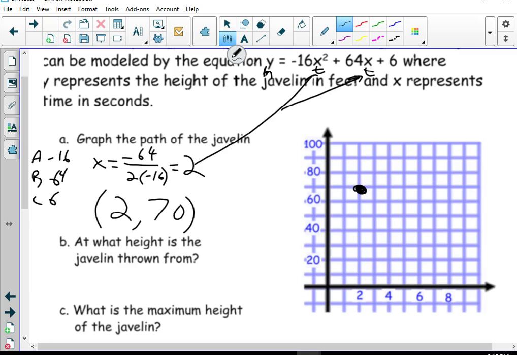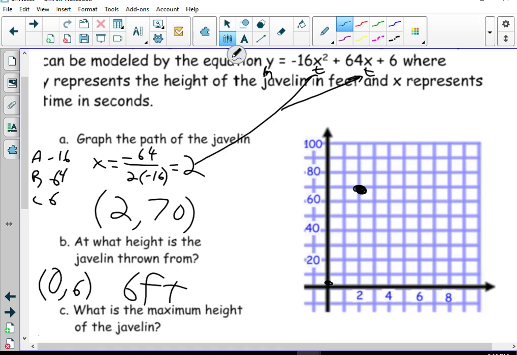What is the y-intercept? 0 and 6, my bad. So the y-intercept is at 0, 6. That's where it's starting from.